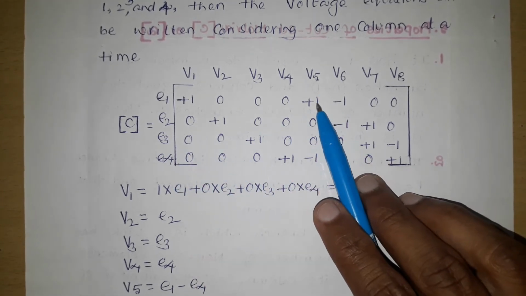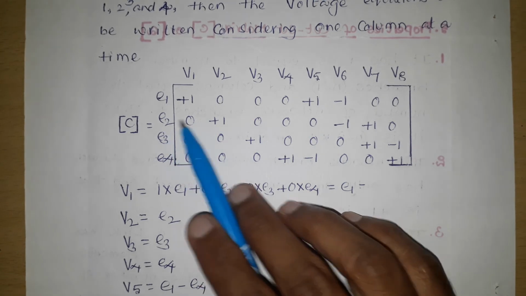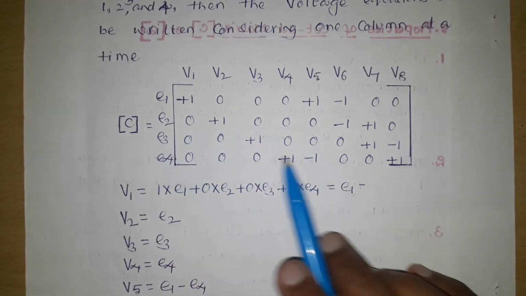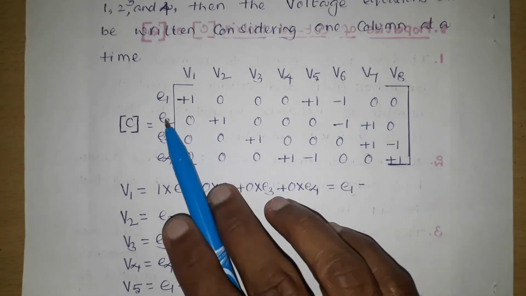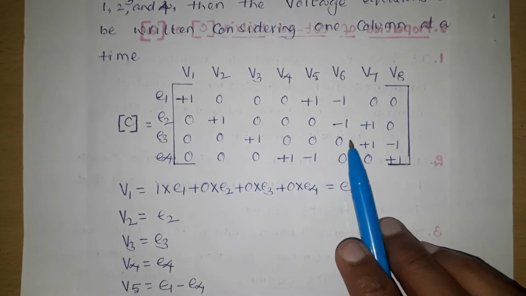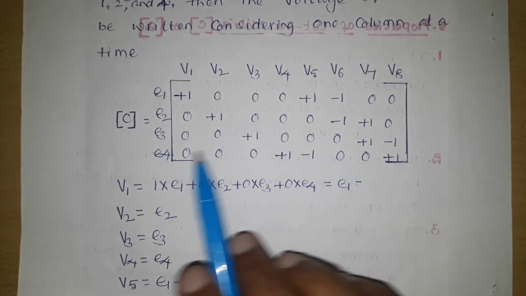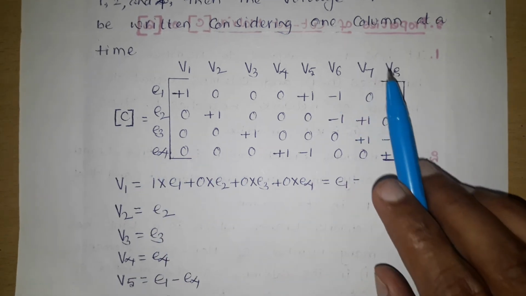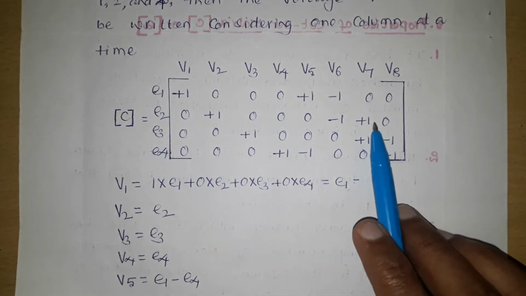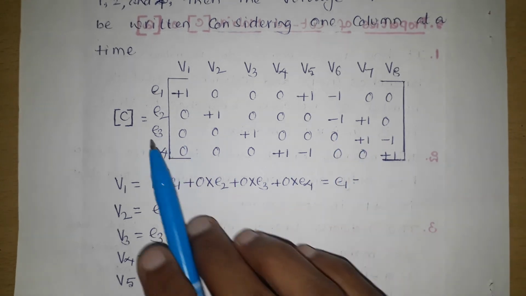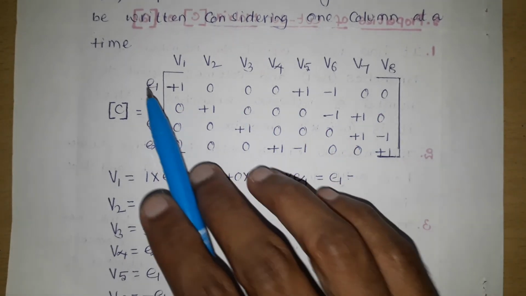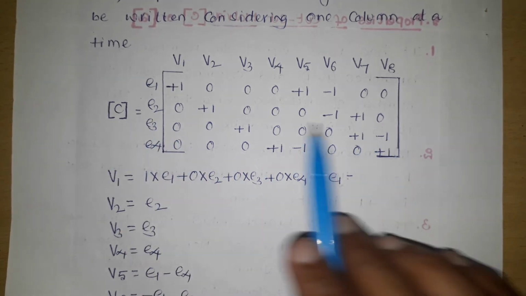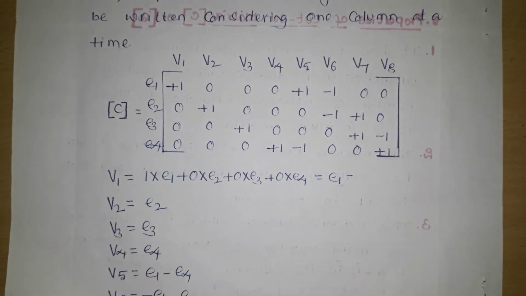V5 equal to plus 1 into E1 plus 0 into E2 plus 0 into E3 minus 1 into E4. Similarly V6 equal to minus 1 into E1 minus 1 into E2 plus 0 into E3 plus 0 into E4. V7 equal to 0 into E1 plus 1 into E2 plus 1 into E3 plus 0 into E4. V8 equal to 0 into E1 plus 0 into E2 minus 1 into E3 plus 1 into E4.